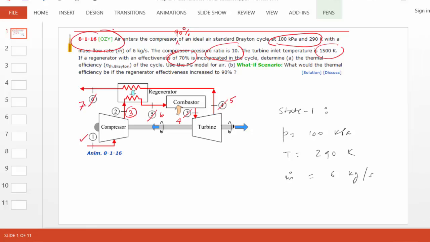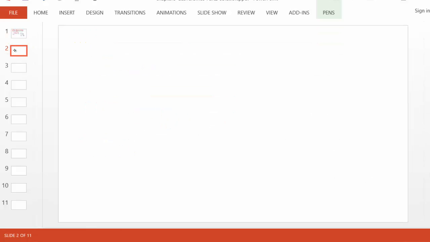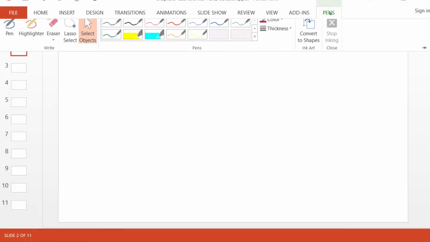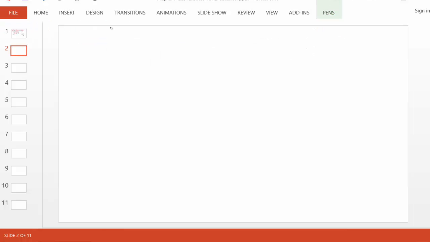Now let's set out to find all the states and the compressor power, turbine power, heat input, heat rejected, etc. from the cycle. So let's begin with state 2. Let's quickly draw a TS diagram of the compressor.